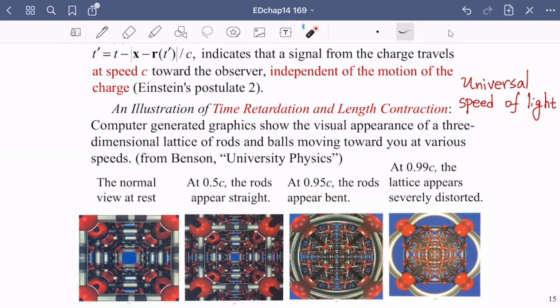Perpendicular directions do not change, but this direction will contract. So they will change their form.